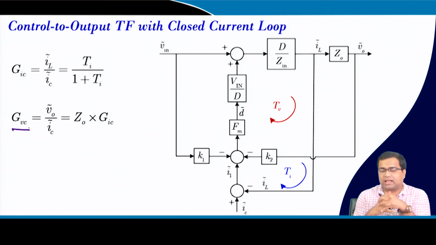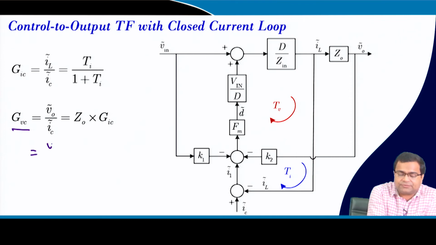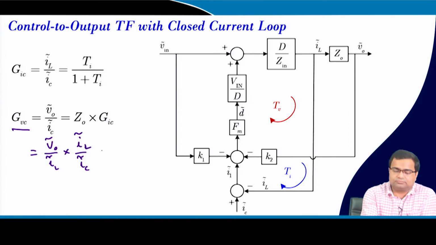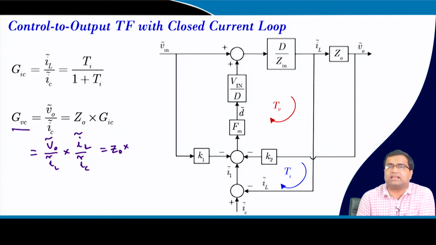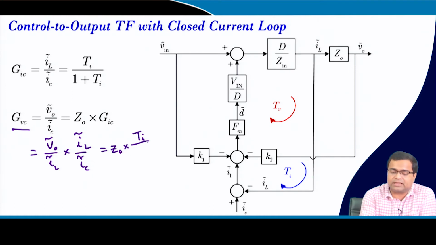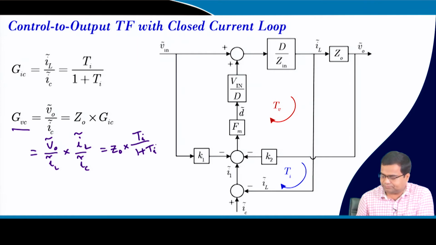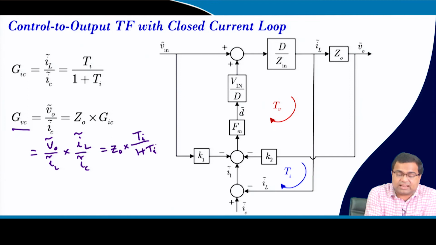This can be obtained as V0 by IL into IL by IC, right. What is V0 by IL? It is Z0. And what is IL by IC? It is Ti by 1 plus Ti. So, my GVC is equal to Z0 into Ti by 1 plus Ti.